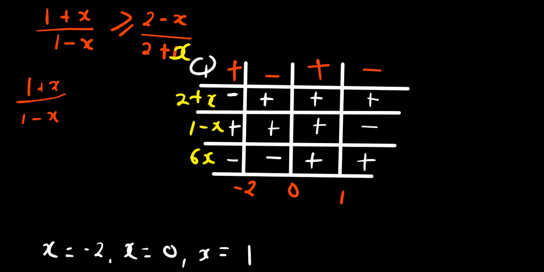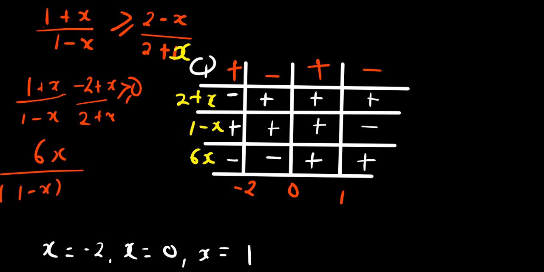When you took the other inequality to the other side, it became -2 plus x over 2 plus x. This is greater than or equal to 0. Okay, greater than or equal to 0. Then our final was something like 6x over 1 minus x. Is it 2 plus x, like that? So those are our finals.